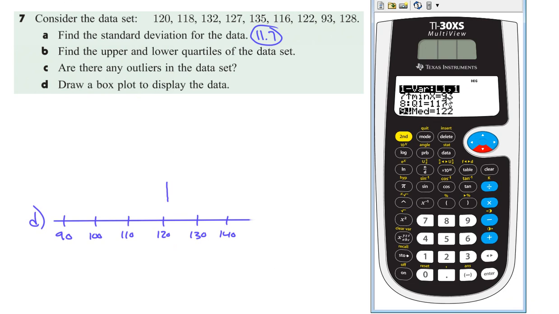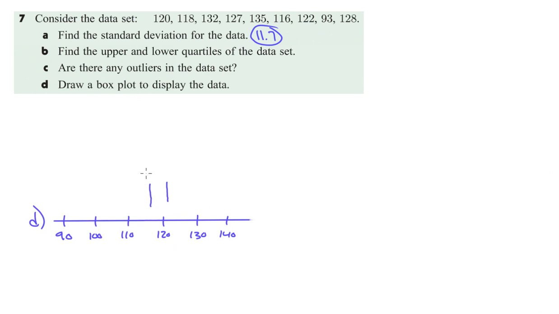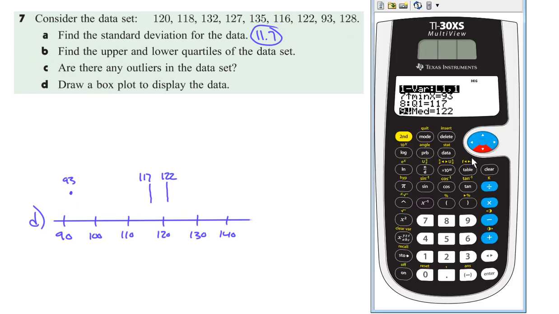So we know the minimum is 93. That makes sense. Quartile 1 is 117 and the median is 122. Sorry for the squiggly lines. Then if we keep going, we've got 130 and 135.